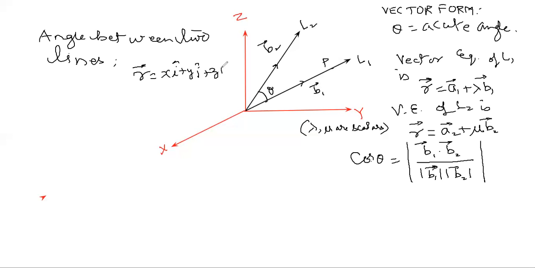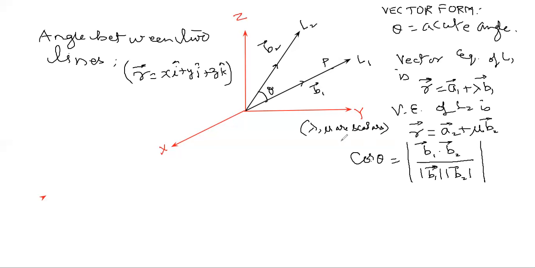This is the general point. If you are not introducing x, y, z, how will you write the equation? A1 is not x1, A1 is some value, B1 is also some value. So R you have to put, then you can get.